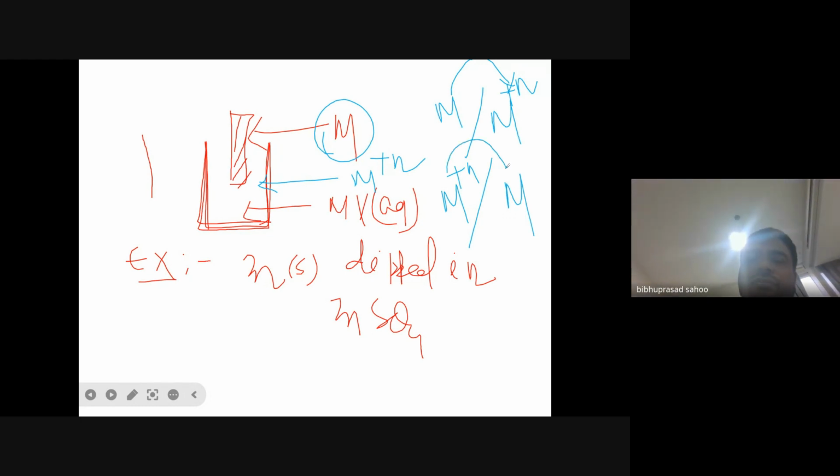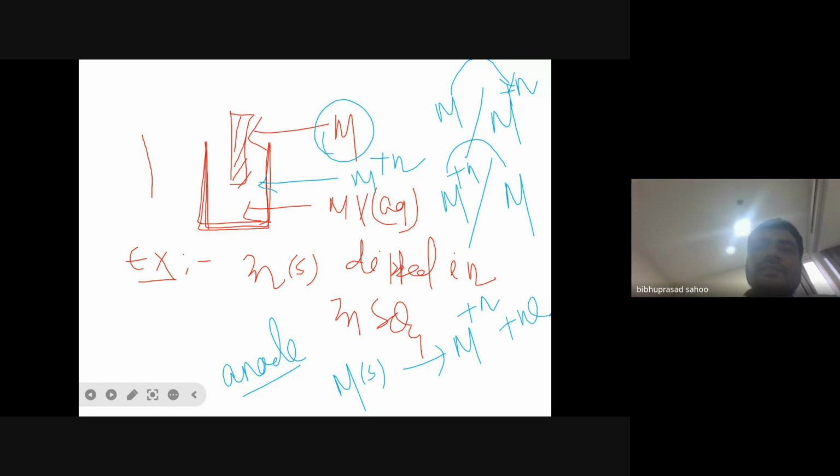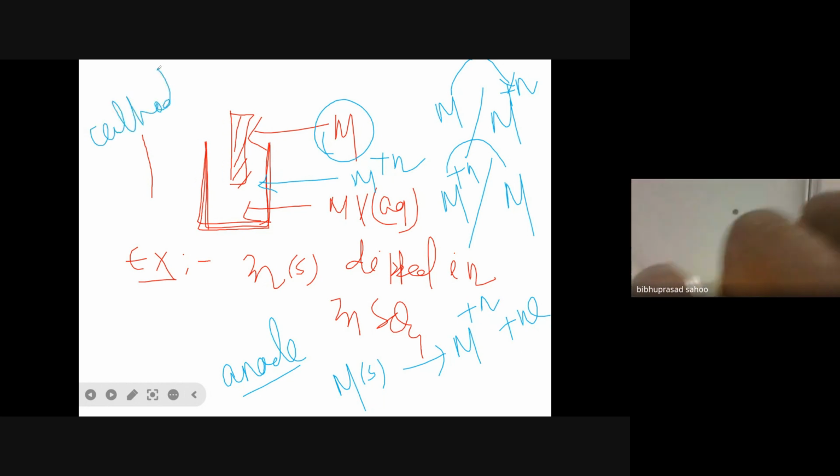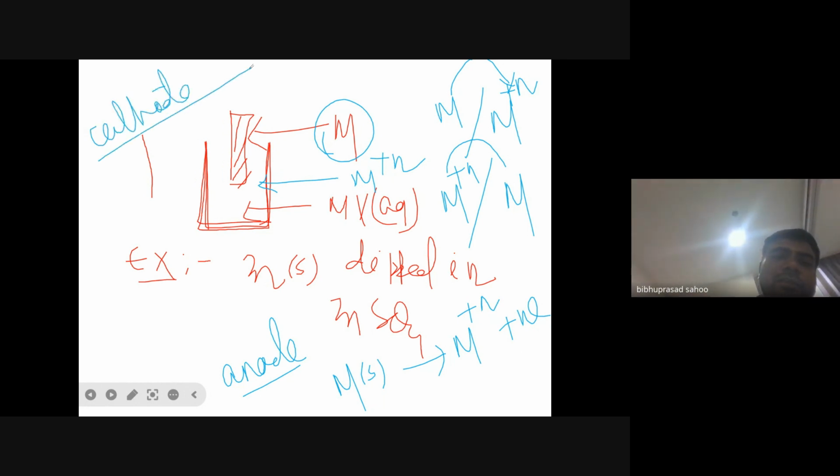When it is the anode, the reaction will be M solid gives M n+ plus n electrons. When it is the cathode, it is reduction: the reaction will be M n+ plus n electrons become M solid.